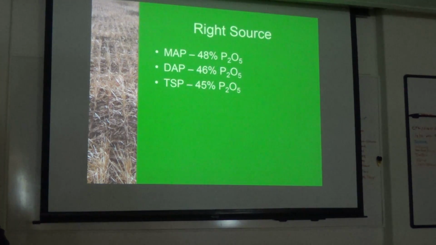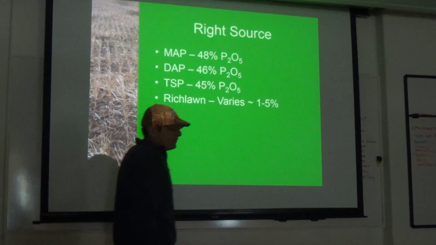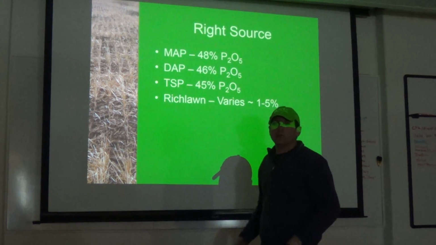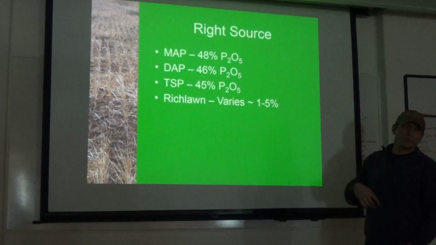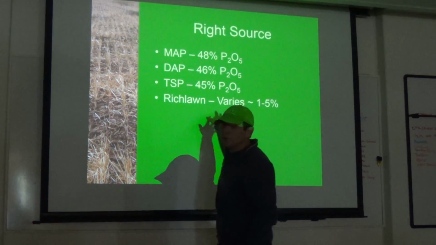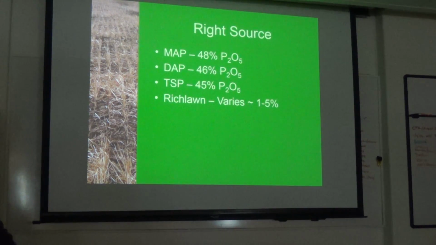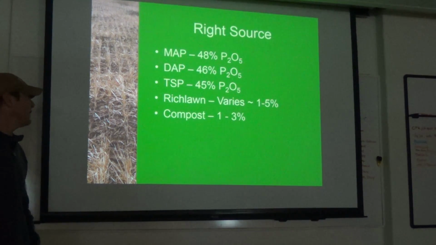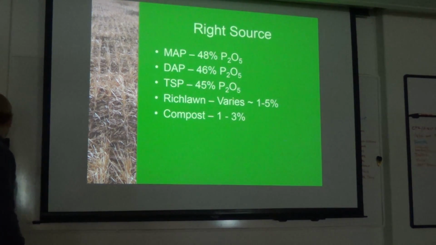A couple other sources of phosphorus that we have used in the past include Richlawn, and the phosphorus in that product varies from 1 to 5%, and it also has potassium and nitrogen with it, but in low values also. So it takes a lot of this product to get an adequate amount of phosphorus. Compost, very similar, 1 to 3% phosphorus in that, but you also get some nitrogen and some potassium along with that.